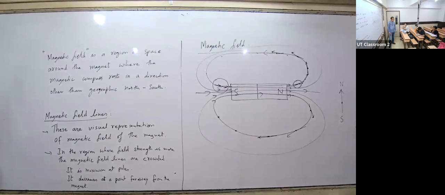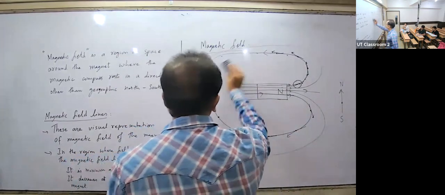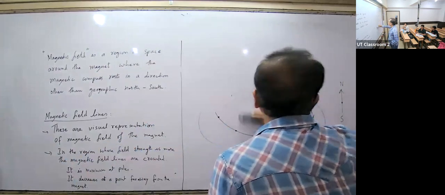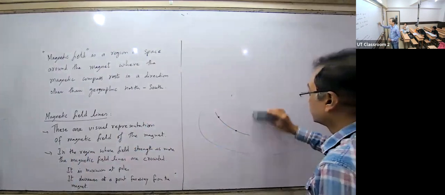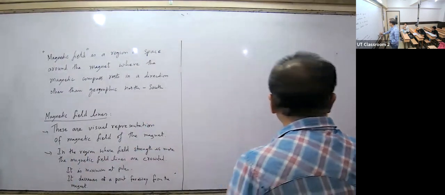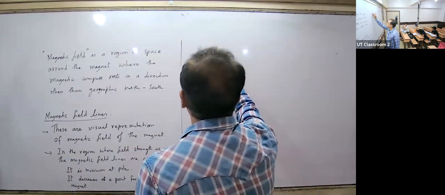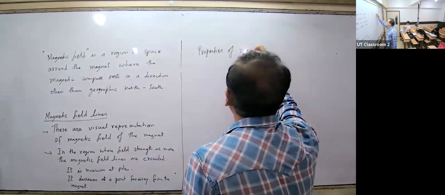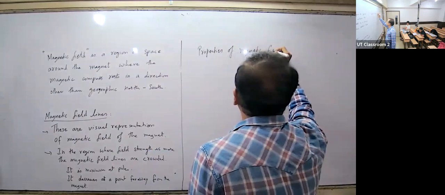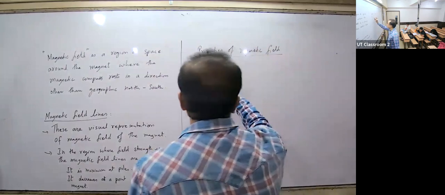So are you getting the idea? And then the remaining properties of magnetic field lines I've already told you. Right? So there are some 6-7 properties of magnetic field lines. You can just go through them again and see if you need any help. Go through the properties of magnetic field lines. What are the properties?